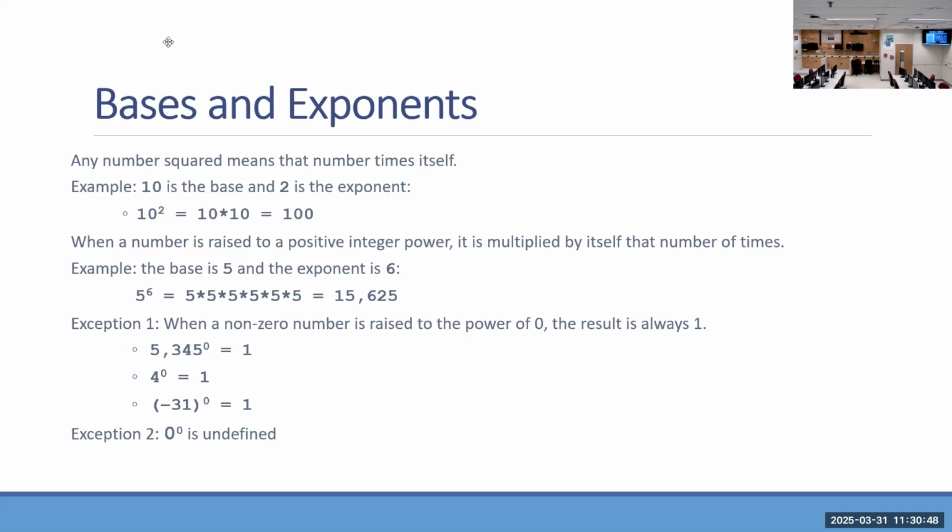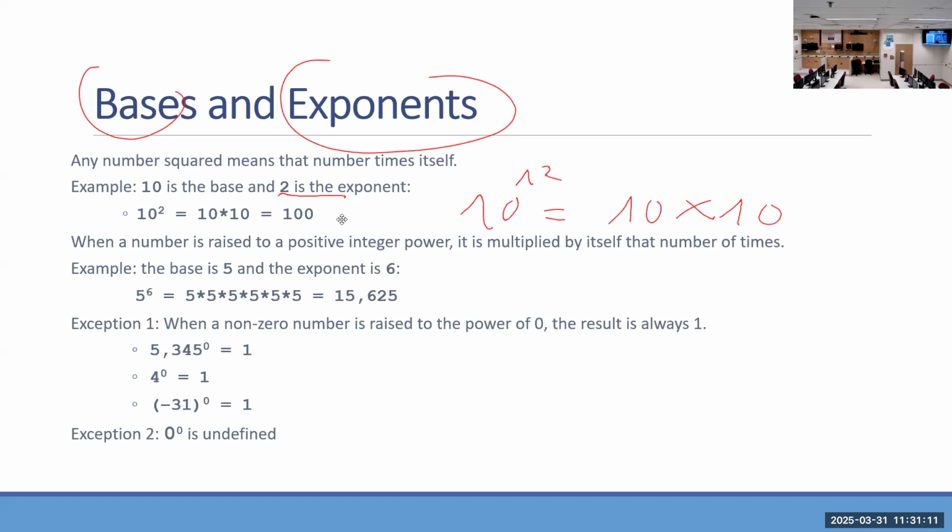Now, for the next thing, I want you to understand the concept of base and exponent. Any number raised to a power, like a square number, means the term multiplied by itself. Think about that you have 10 as the base and 2 as the exponent. 10 raised to the power 2 means 10 times 10.